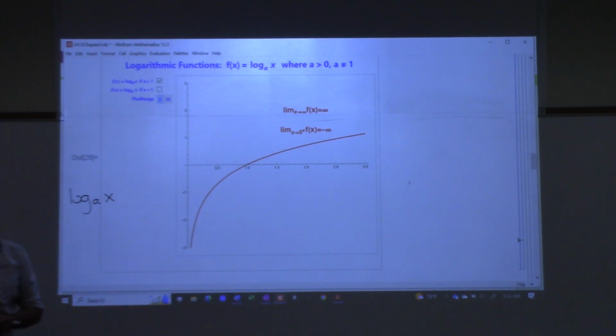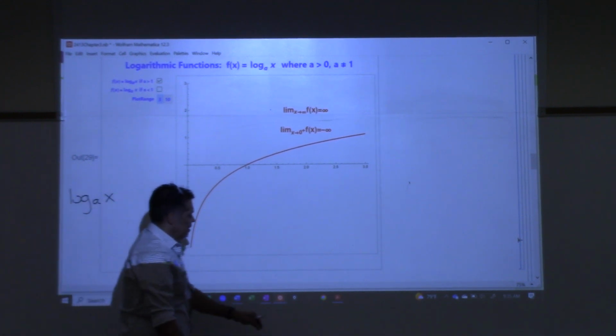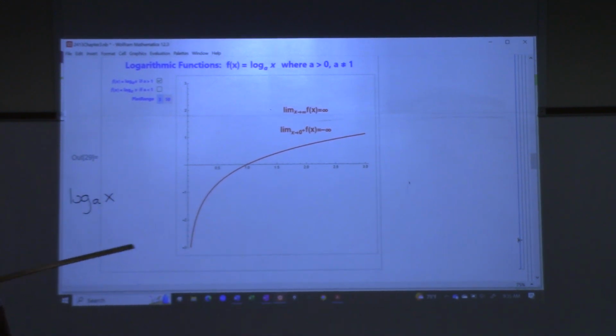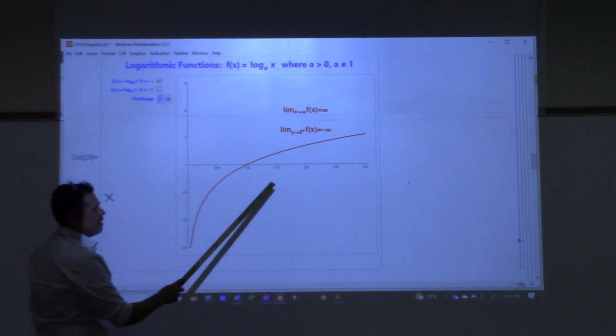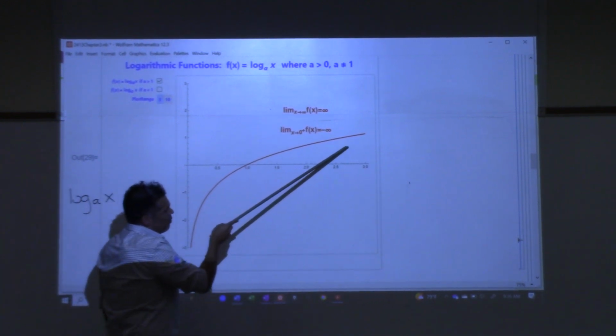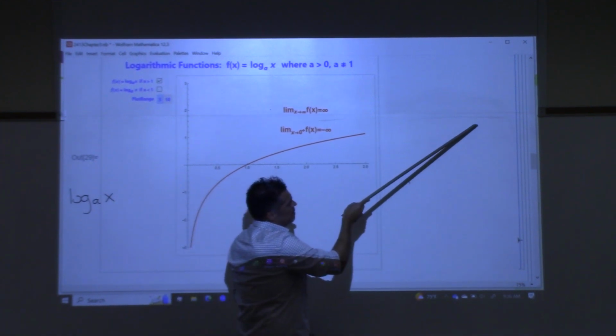It's different than an exponential function, right? What happens as I go to the right? This is real important. My Cal 2 students, I still have to slap them every once in a while with this stick to get them to remember this. When you're looking at a log function, as you go to the right forever, where does the function go? Infinity.